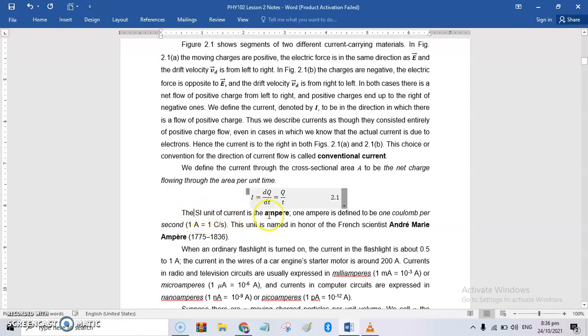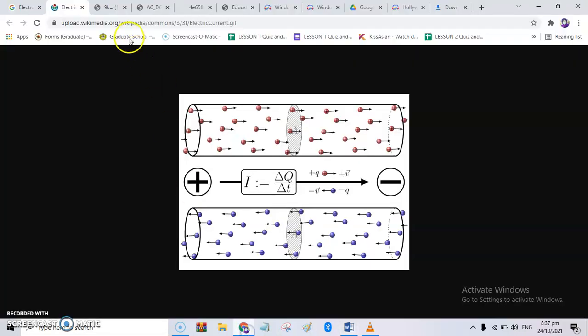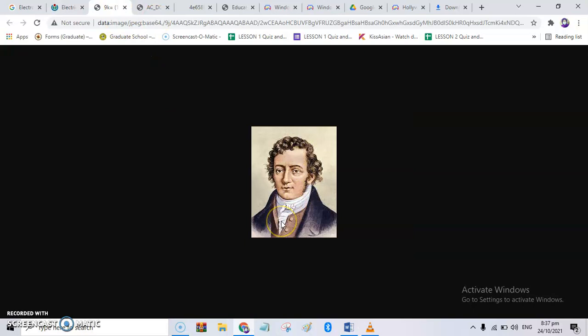The SI unit of current is the ampere, and 1 ampere is defined to be 1 coulomb per second. This unit is named in honor of the French scientist André-Marie Ampère.